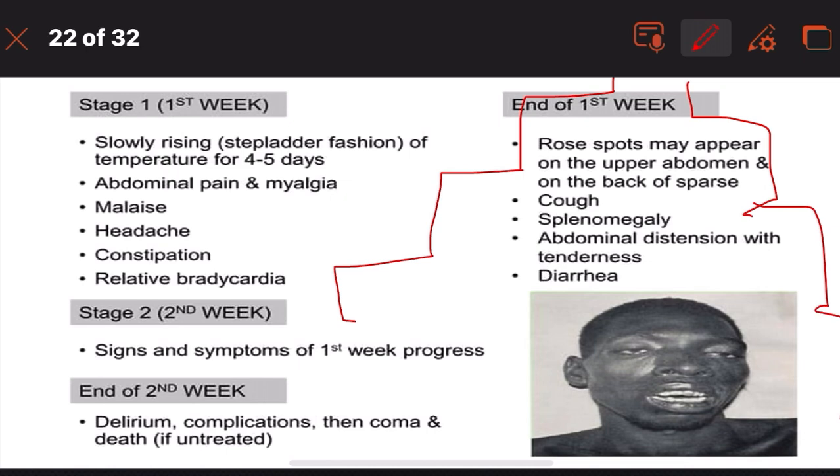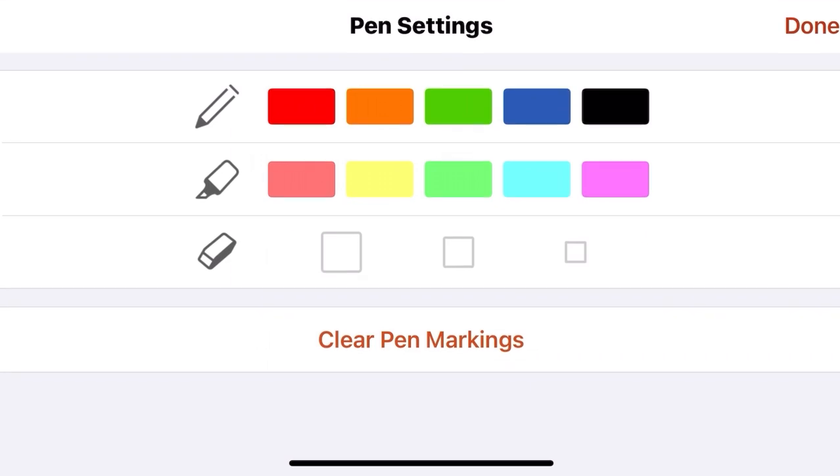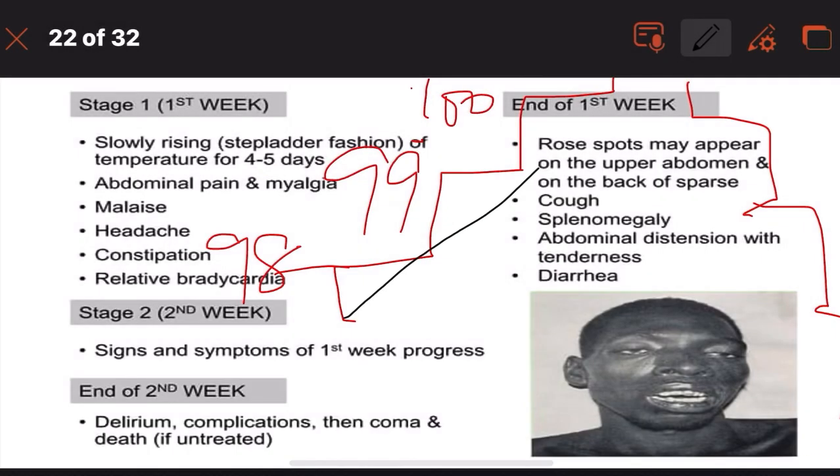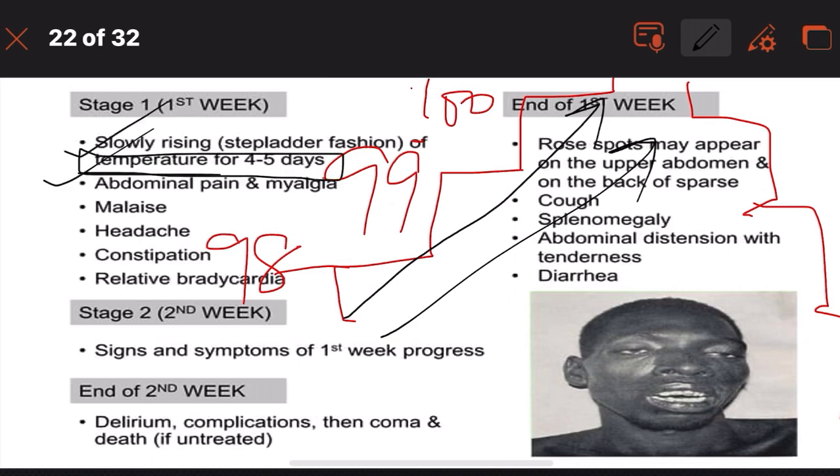First day the temperature can be 98, next day 99, the next day 100. So there is a step ladder pattern of increase in the temperature for up to 4 to 5 days, and it is slow rising.